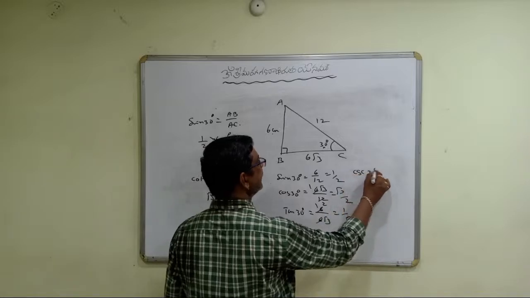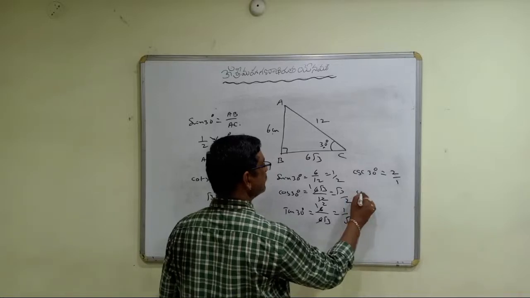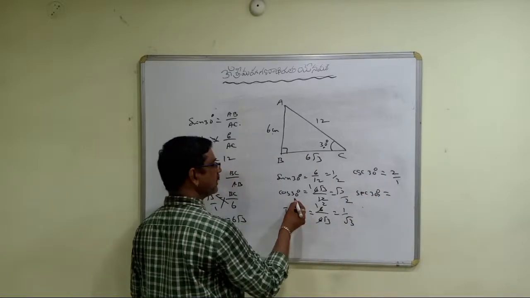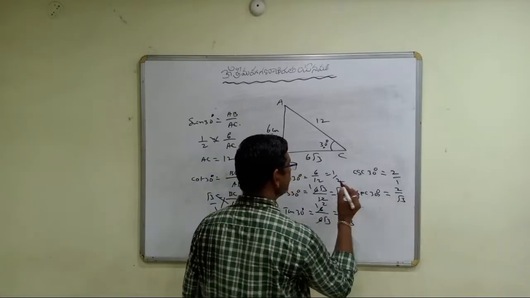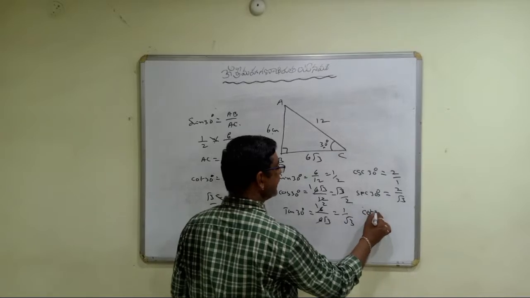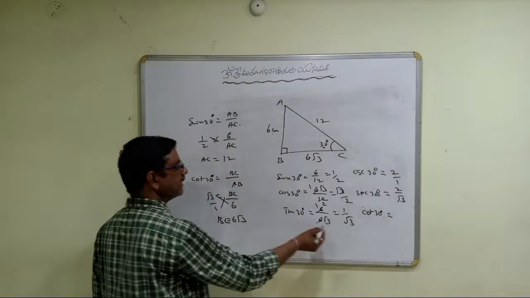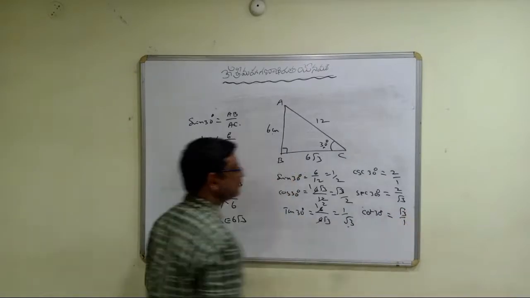Cosecant 30 is the reciprocal, 2 by 1. Secant 30 is the reciprocal of cos 30, 2 by root 3. Cot 30 is the reciprocal of tan 30. Tan 30 we got 1 by root 3, so this is root 3 by 1. That's all.